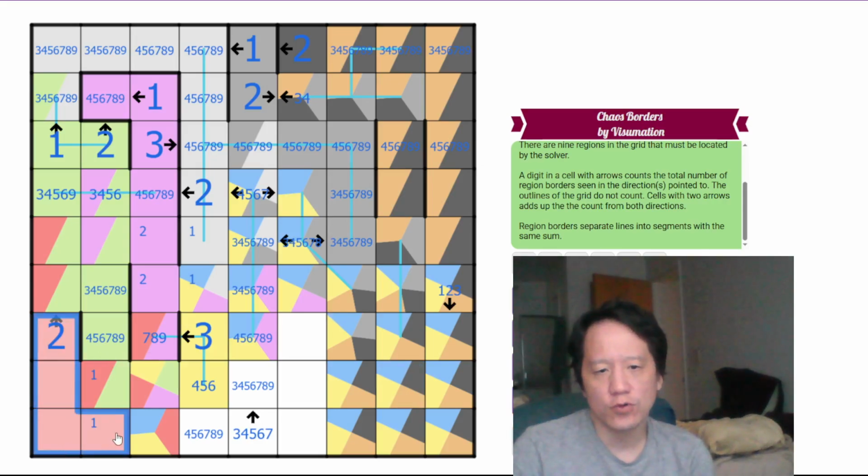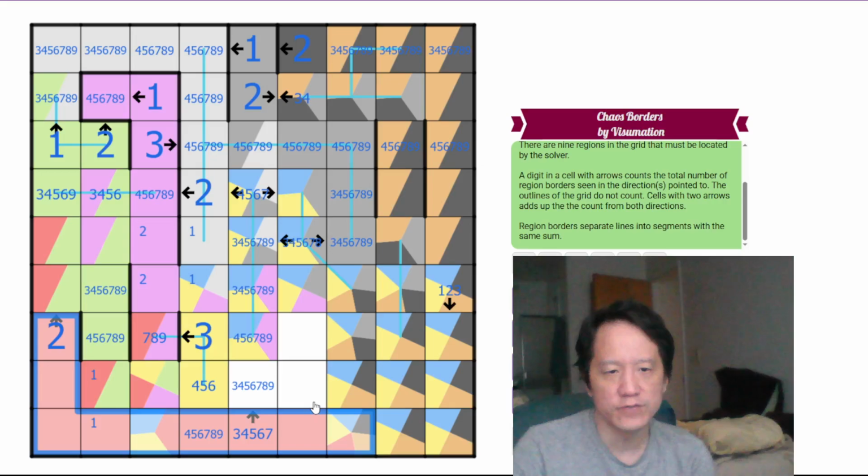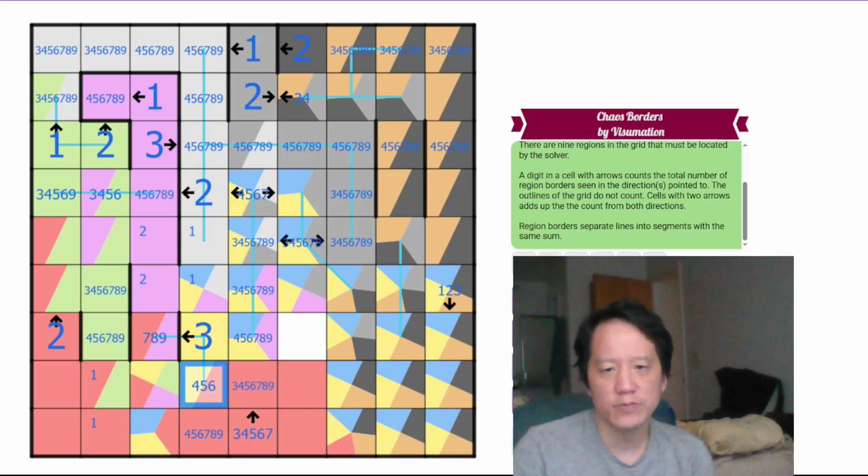Red is 4. It could be 5, 6, 7, 8, and 9. So that's technically the range of red. 1, 2, 3, 4, 5, 6, 7, 8, and 9. Oh, this can't be red here. So red could go to here. Obviously, yellow could be any of these. Dark cannot.